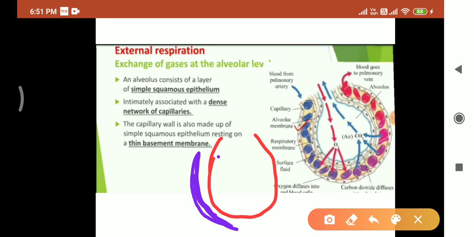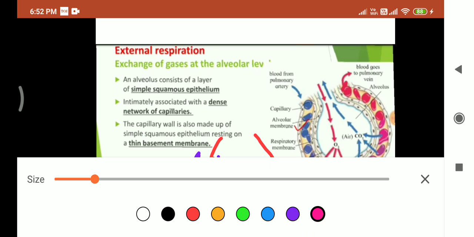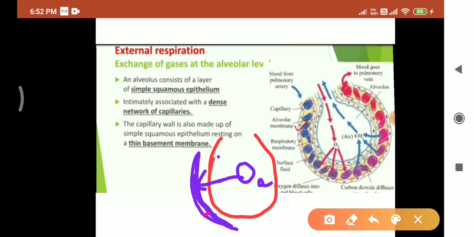What is happening over here? Oxygen goes to the blood, and the carbon dioxide comes back from the blood. CO2 comes back to the alveolus.